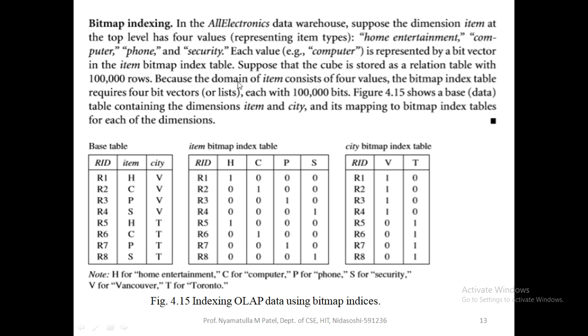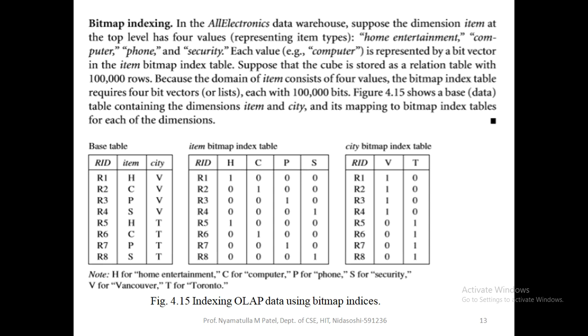Now, the item at the top level has 4 values representing item types: home entertainment, computers, phones and security. Each value, for example computers, is represented by a bit vector in the bitmap index table.